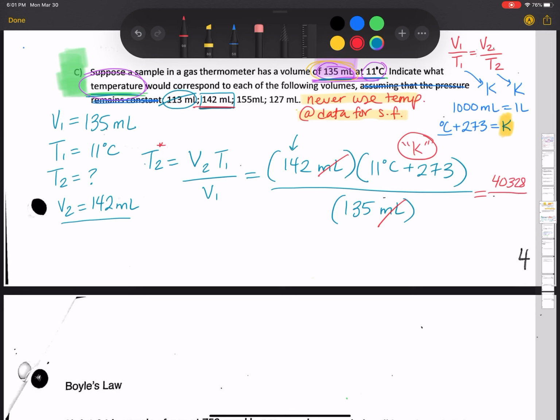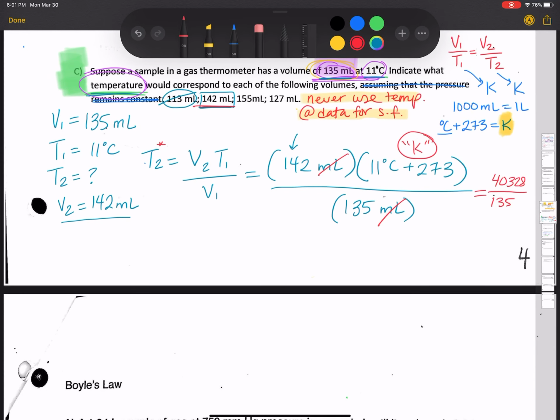That's your numerator. Your denominator is just 135. So now, once I divide those two numbers, 40,328 divided by 135, I get 298.7259259.